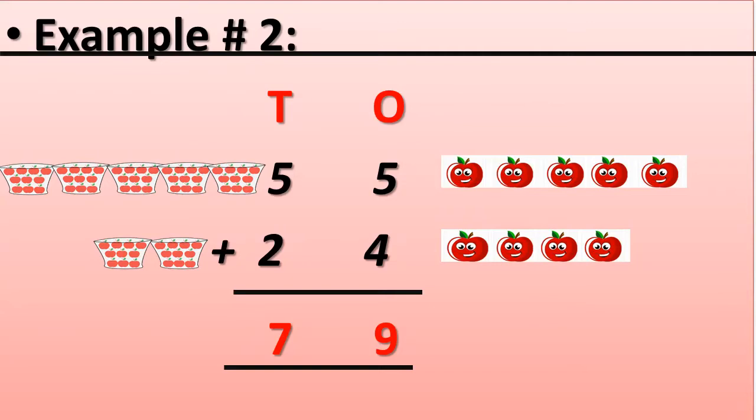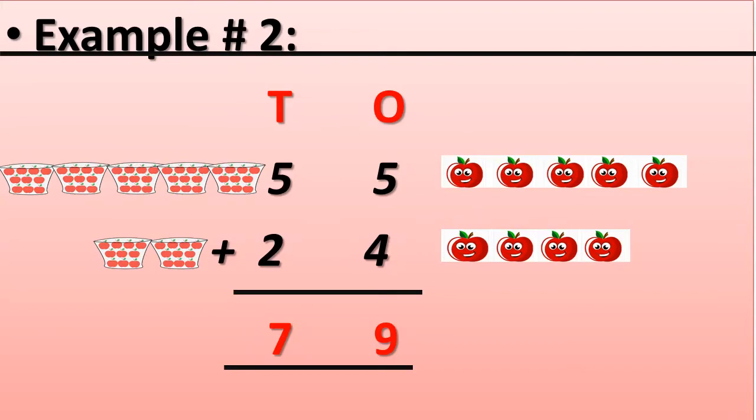We have 5 apples and 4 more apples. Do you know how many apples are there all together? Let's count. 1, 2, 3, 4, 5, 6, 7, 8, 9. We have 9 apples. So here we will write 9 in ones column.